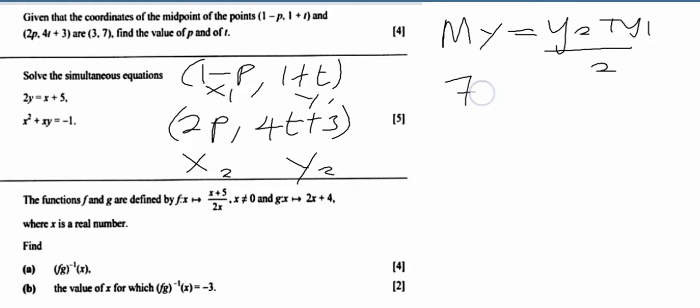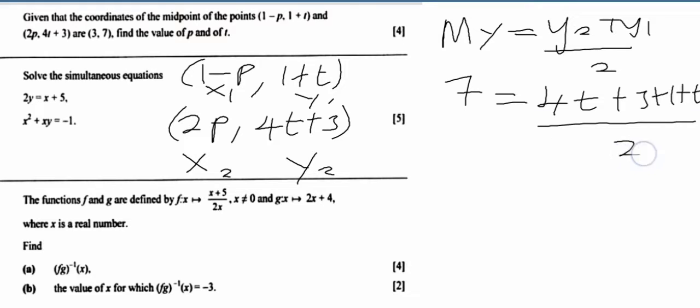So we are going to put 7 here, being equal to, what is our y2? Our y2, it is this one here, which is 4t plus 3. Then our y1, in this case here, is 1 plus t. So we have plus 1 plus t being divided by 2.